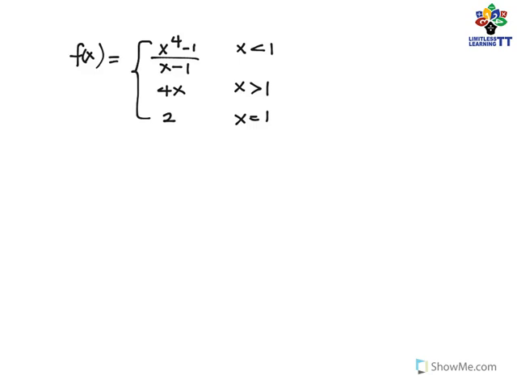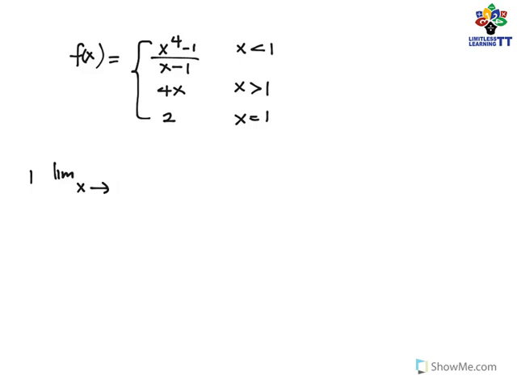Now, in order for a limit to exist, when you come from the left-hand side and when you come from the right-hand side, it approaches 1, the limit exists on both sides, and both are equal to each other. So the limit we're looking at is as x approaches 1.